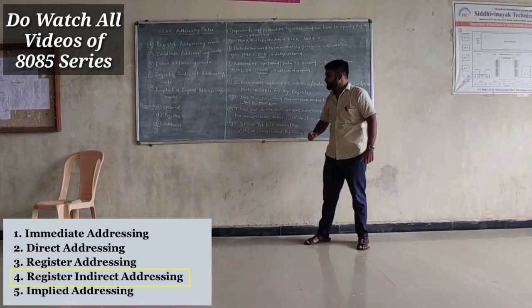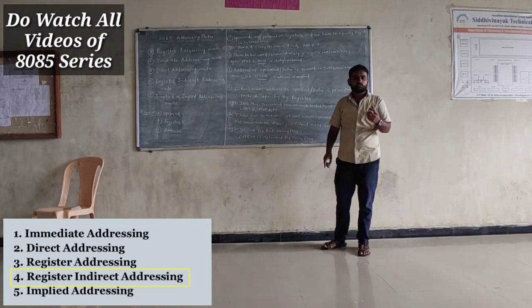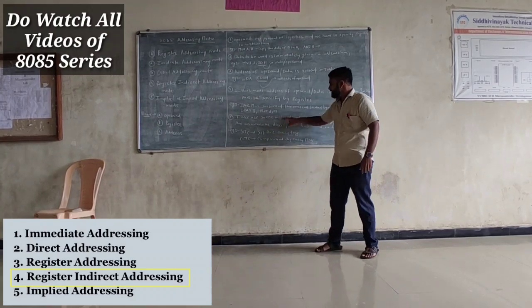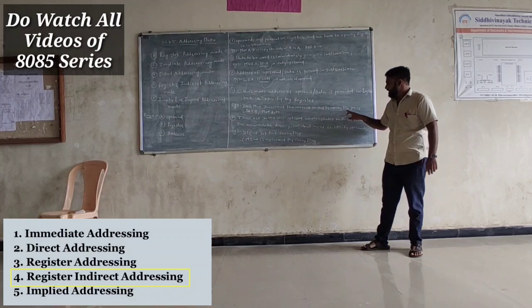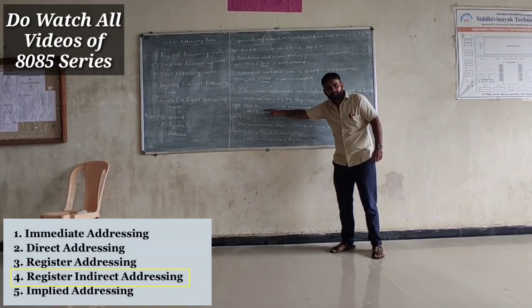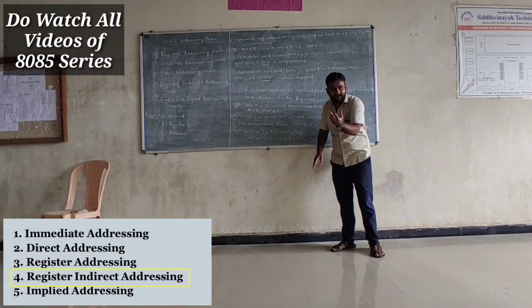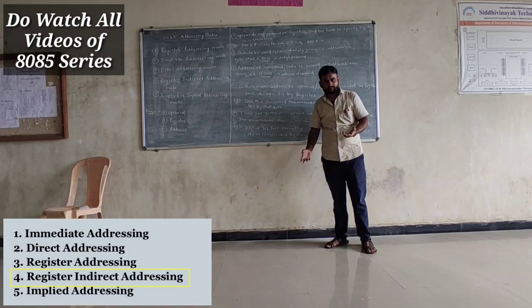The example of that is given here, that is INR M. What we have to do? Increment M, so increment the content located by memory at the HL pair. At the HL pair we have one memory address, and that memory address we have to increment.